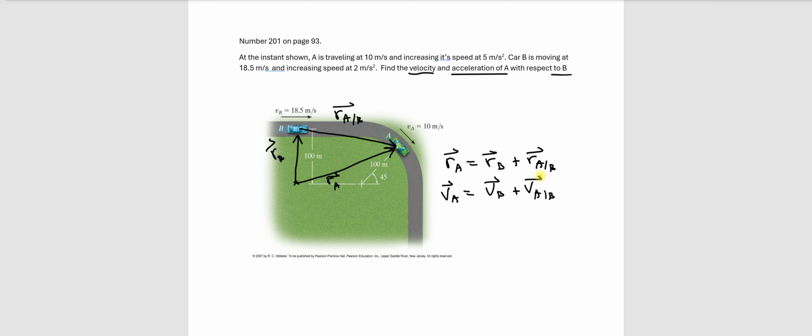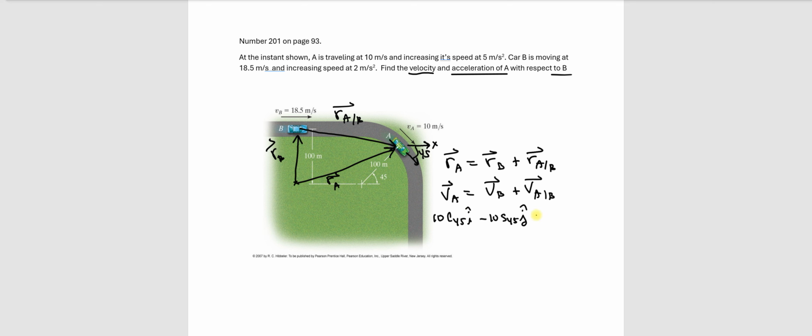A is also moving 45 degrees like so from what I'm going to call the positive x-axis. So the velocity vector for car A can be written 10 cosine 45 i minus 10 sine 45 j. I'm going to put the units last in this equation.